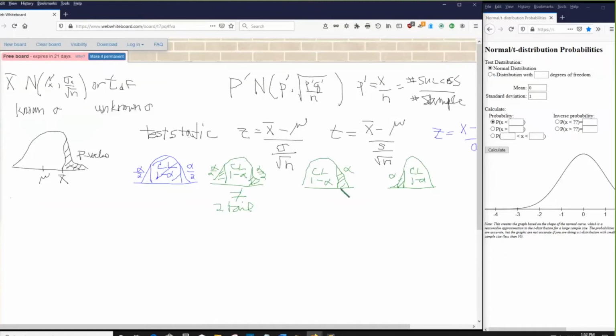So this would be like P, so we'll just say P is going to equal some value.